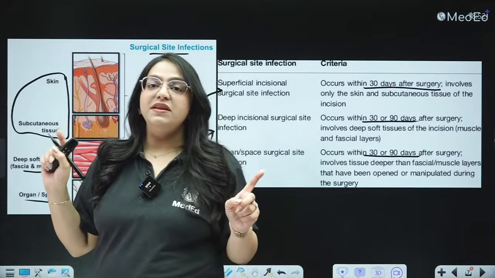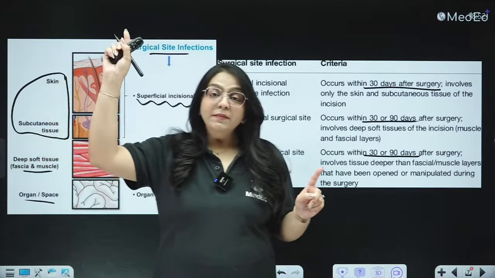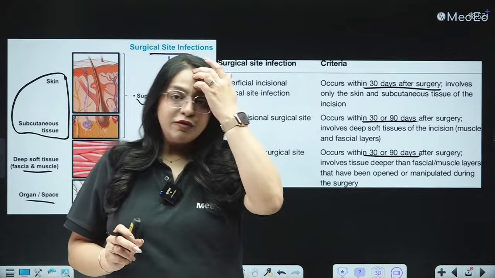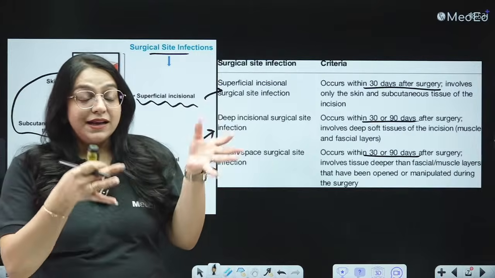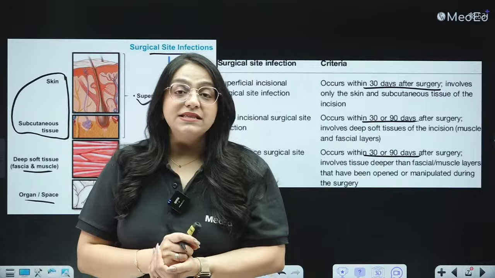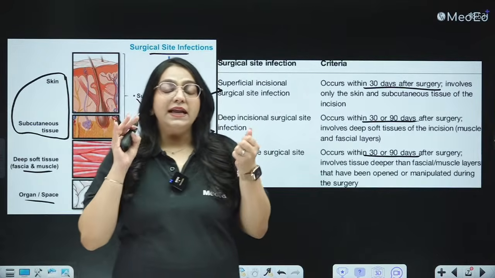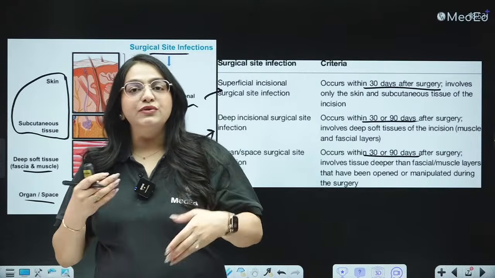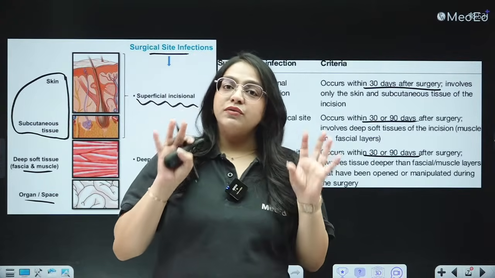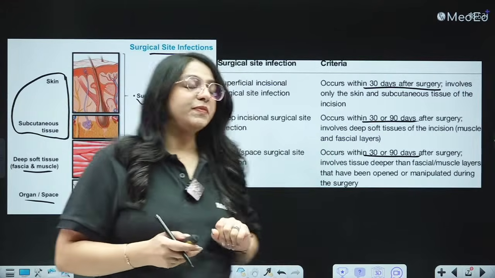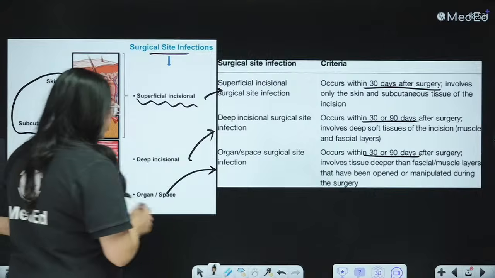That means you have given the infection to the patient at the time when you did the surgery, because it can take up to 90 days for the infection to develop in an organ space after doing the surgery. Okay, so it won't happen immediately. The organisms take time to grow. They take time to establish that infection. They take time to start producing the symptoms, and therefore up till 90 days, you have to keep a watch on these patients, right?